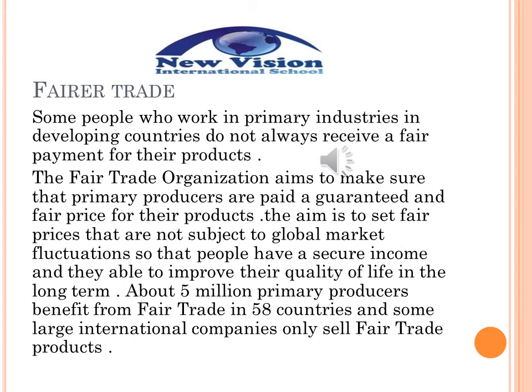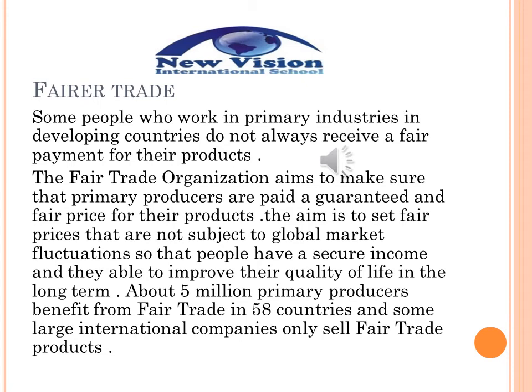And the Fair Trade Organization aims to make sure that primary producers are paid a guaranteed and fair price for their products. The aim is to set fair prices that are not subject to global market fluctuations.